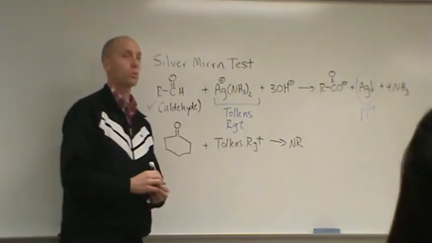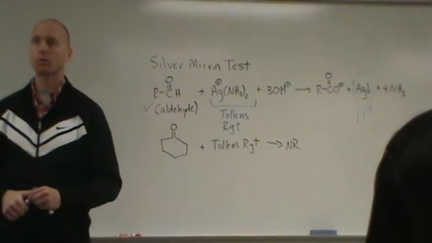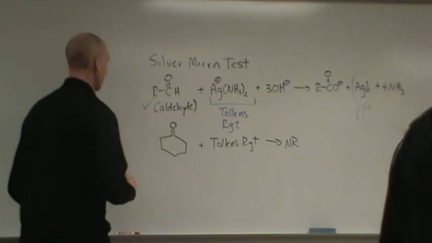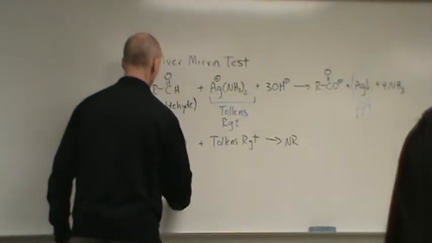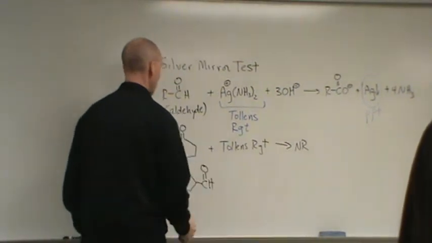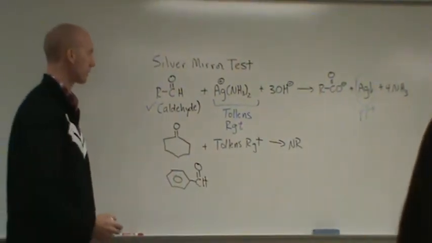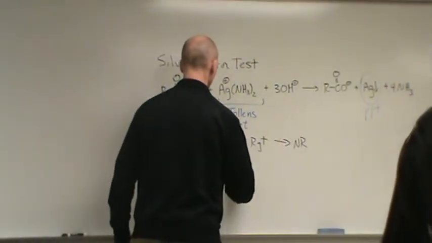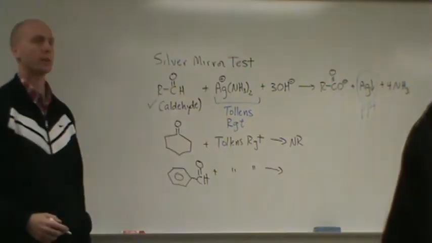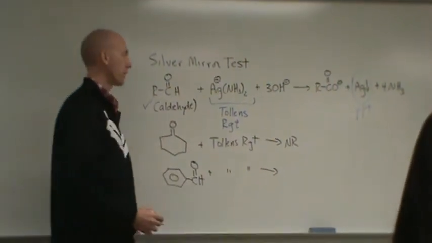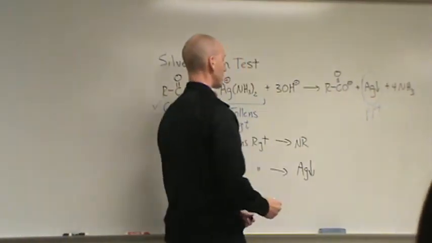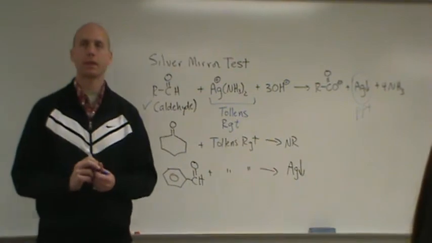The big thing you want to see would be any silver coming out of the solution. But if you took an aldehyde like benzaldehyde and reacted it with the Tollens reagent, then you would see your silver coming right out. That'd be the main thing you look for.